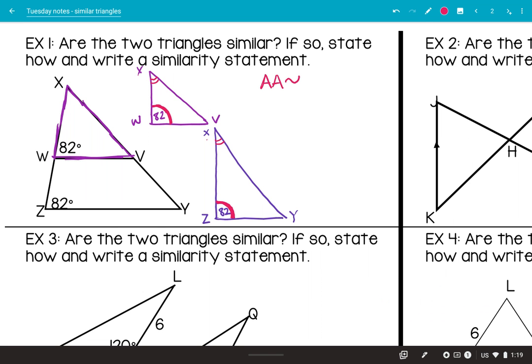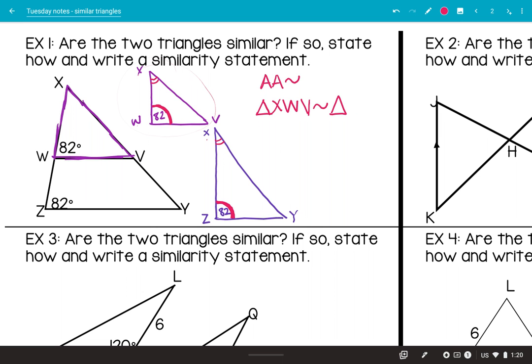Now, to write a similarity statement, we go triangle, and I'm just going to pick from my first triangle here, XWV is similar, and I want to go in the same direction. If you noticed, my first angle, the first letter, had the two arcs.